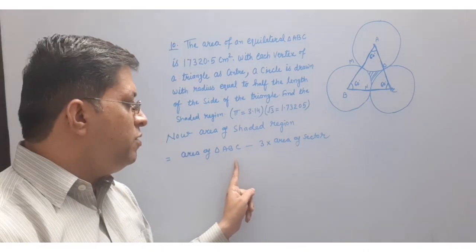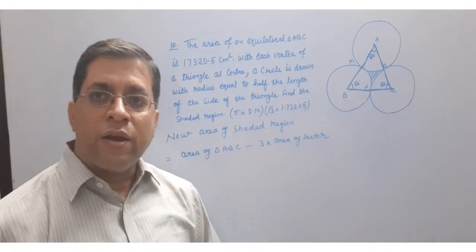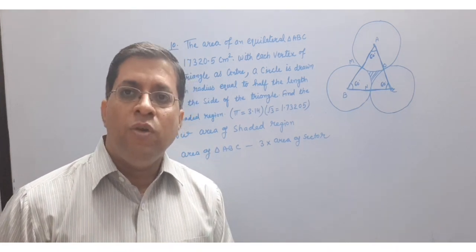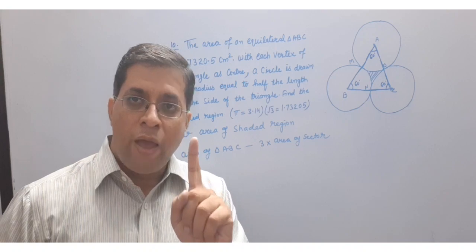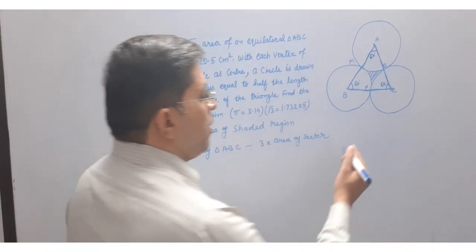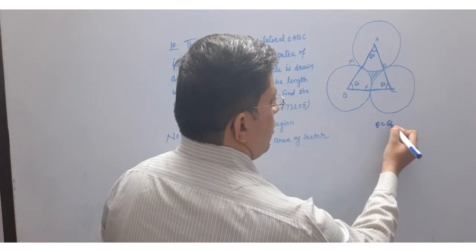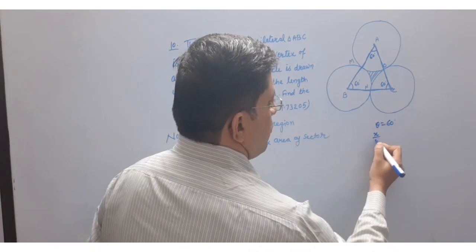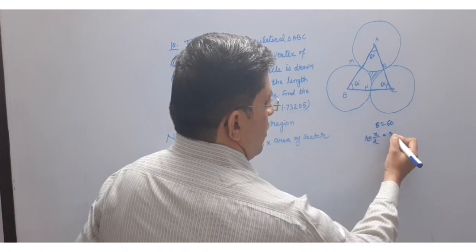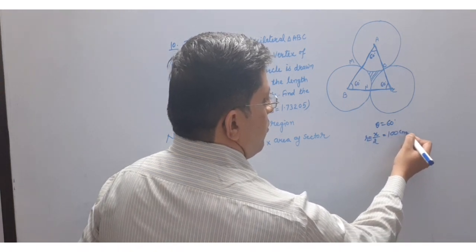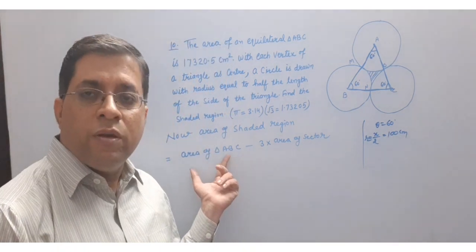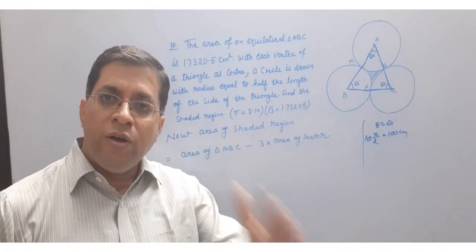See here. Area of triangle ABC minus 3 into area of sector. For sector, what we want actually? We want angle and radius. What is the angle? Theta is your 60 degree and radius was x by 2, na? That is r, that is your 100 centimeter. Second thing, the area of triangle ABC is given to you.